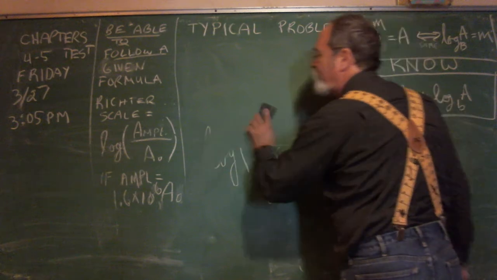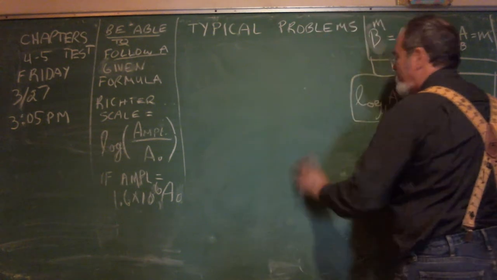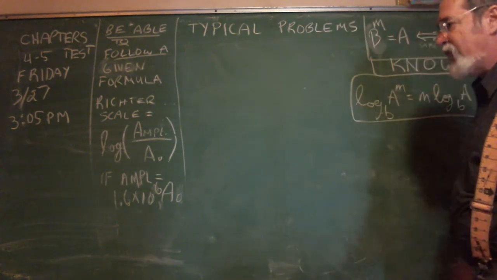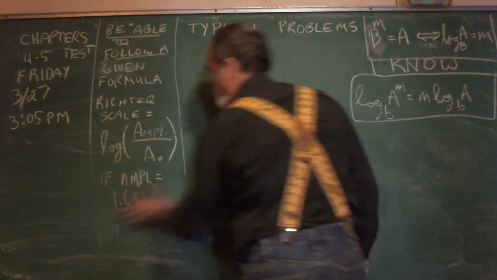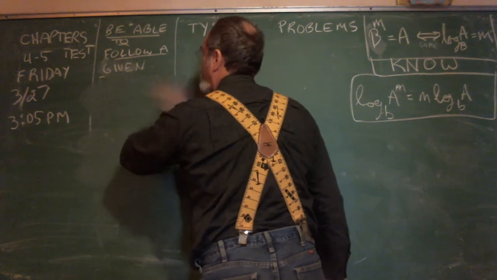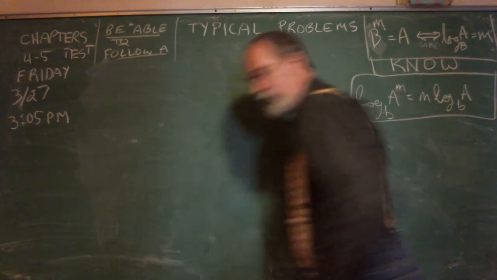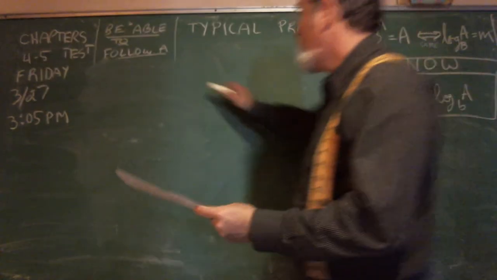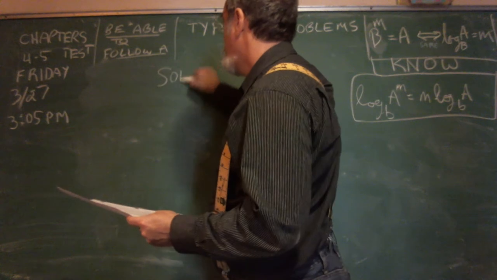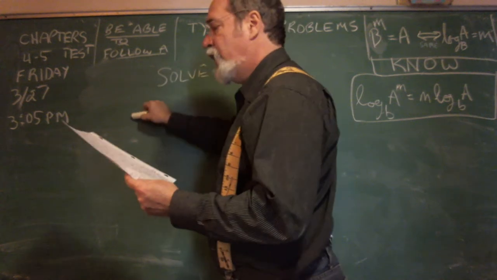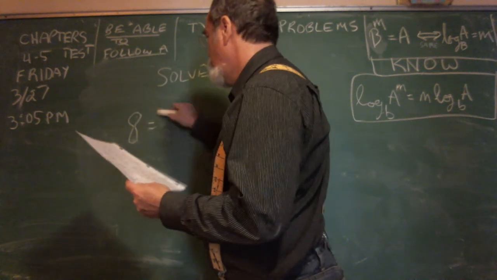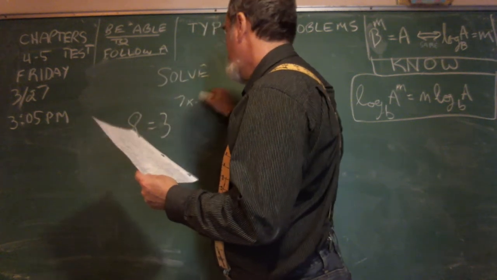But in real life, you should be able to handle any formula, relatively simple, nothing too fancy, that has a logarithm in it. All right. Got a few more problems for you that you've got to be able to solve. And it's problems like 8 equals 3 to the 7x minus 1.